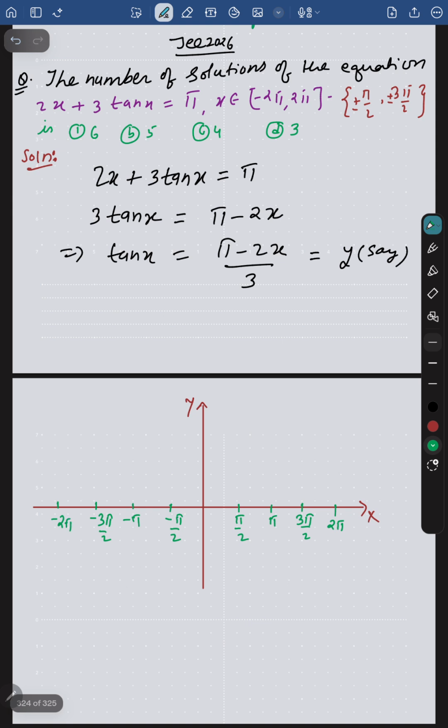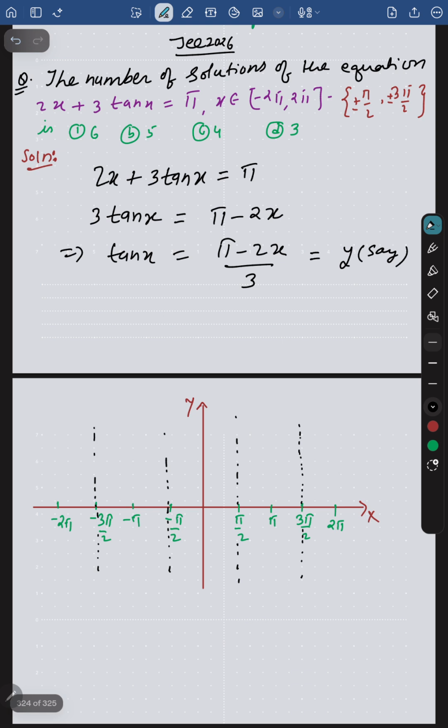And for tan x, at pi by 2 its value is infinity, so it is not defined. So we will draw a dotted line through pi by 2, also through 3 pi by 2, because at 3 pi by 2, that is pi plus pi by 2, tan is not defined. Here also at minus pi by 2 it is not defined, so we'll draw a dotted line. These are known as asymptotes basically.